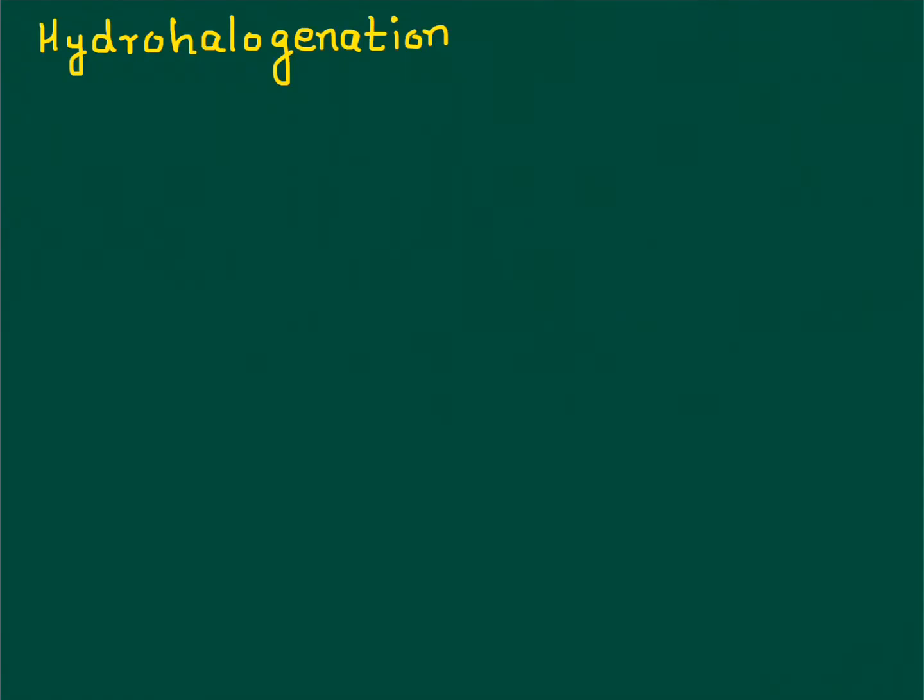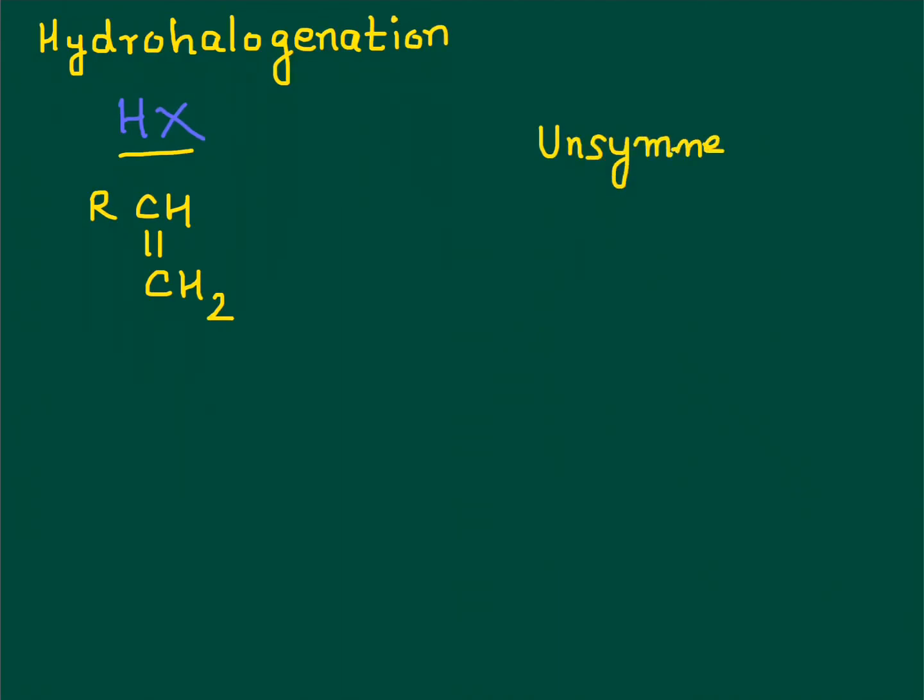Hydrohalogenation, as I said, is the addition of hydrogen and halogen across the double bond. I am taking an unsymmetrical alkene, RCH double bond CH2. I have just now used a word unsymmetrical. Let me explain that first to you.